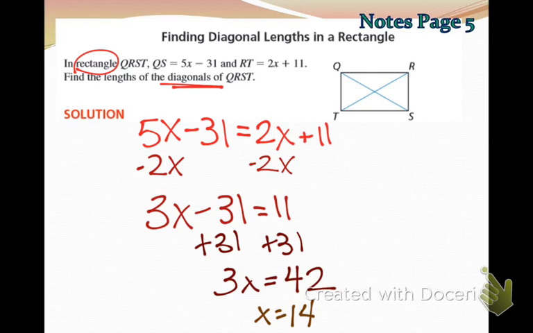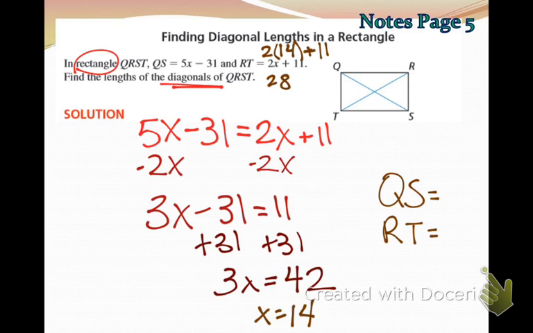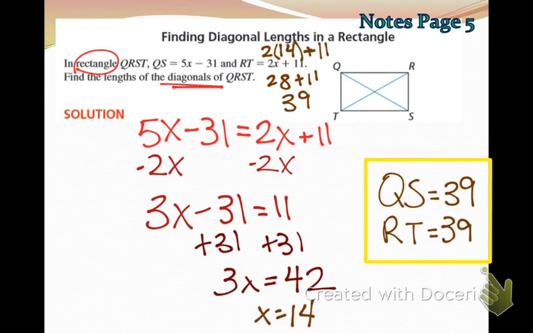So what am I going to do to find the lengths? Plug it in. You can plug it into both. This is my 6th time doing it today, so I'm going to plug it into RT because it's easy. What's 2 times 14? 28 plus 11 is 39, which means QS is also 39. You can always plug it in to check, but I don't want to do 5 times 14.